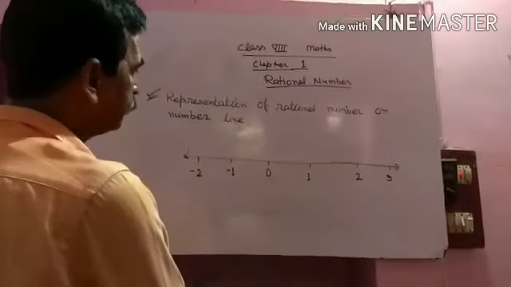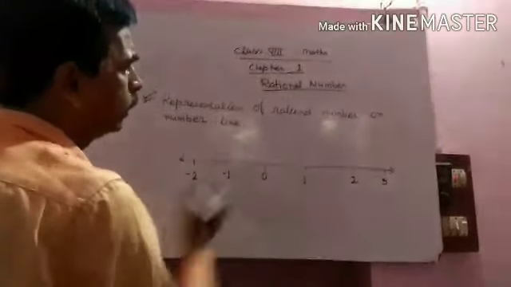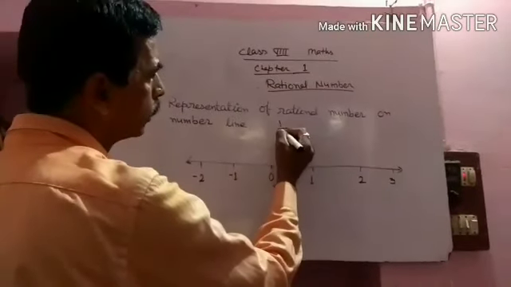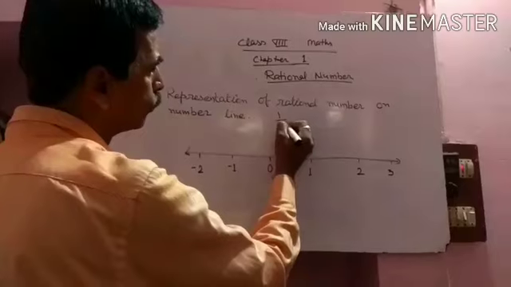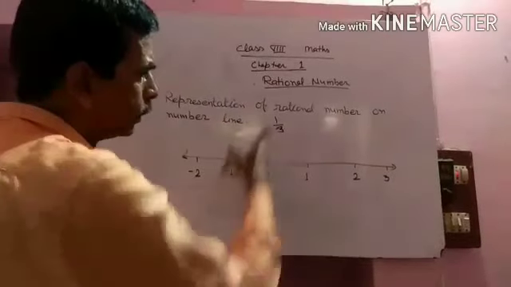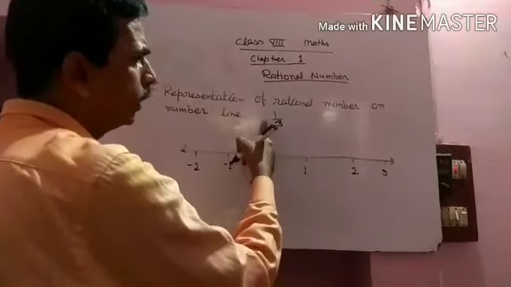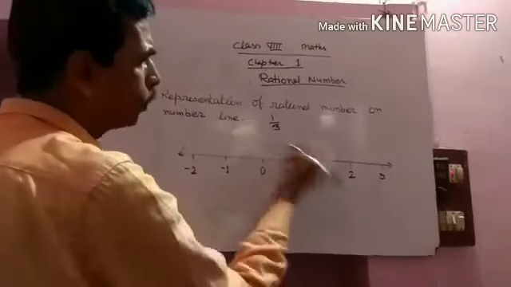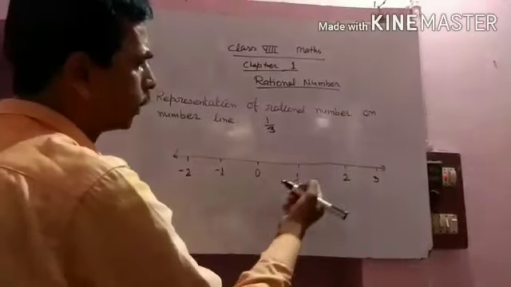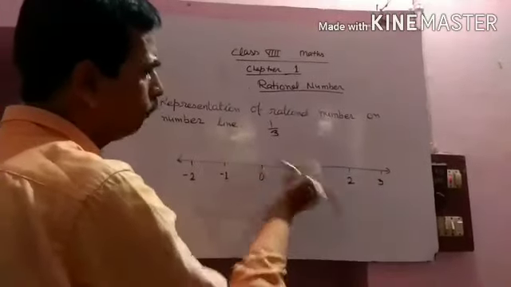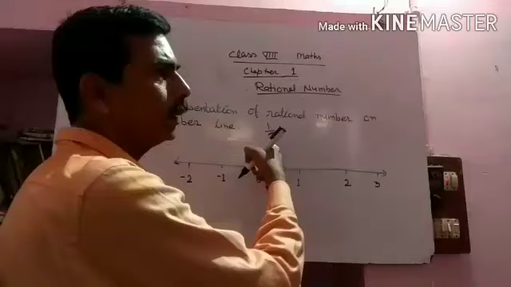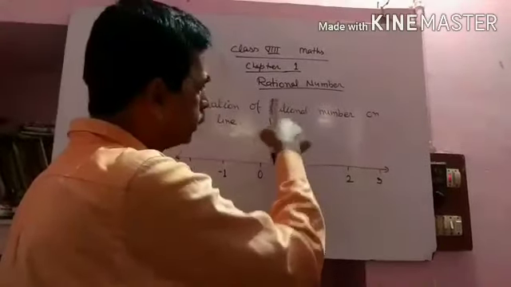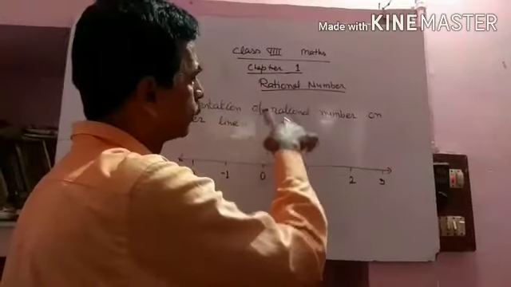Suppose we have to represent a rational number 1 by 3 on the number line. Nothing is given in front of it, so obviously this number is positive. So we have to draw it towards the right of 0, the origin. 1 by 3 is less than 1.